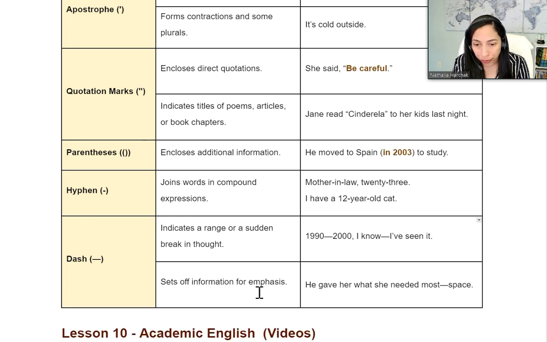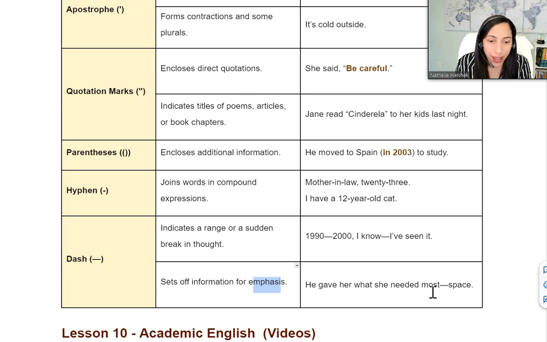Dashes set off information for emphasis. So basically set off is to separate, okay? And emphasis is something that makes a certain aspect of the text more noticeable, okay? He gave her what she needed most. What?